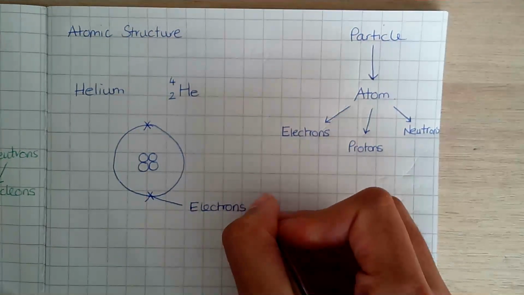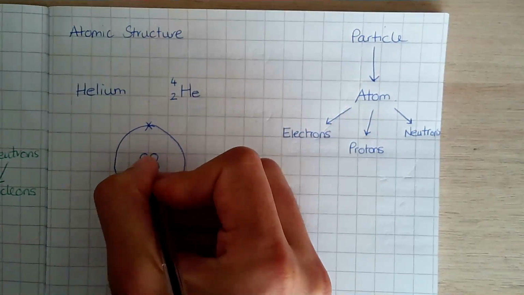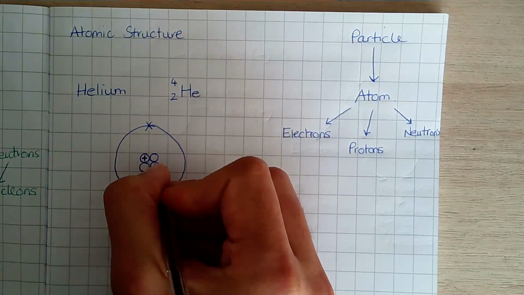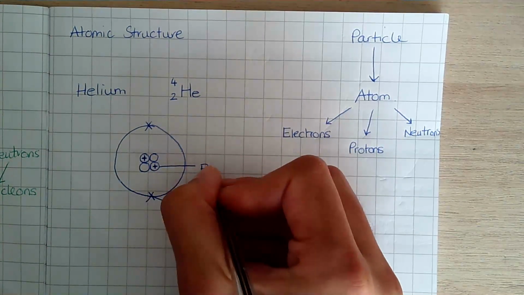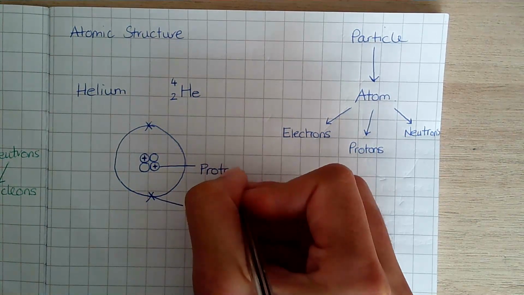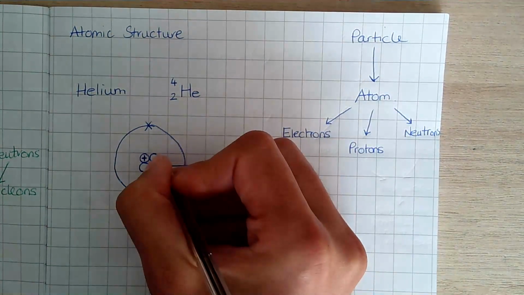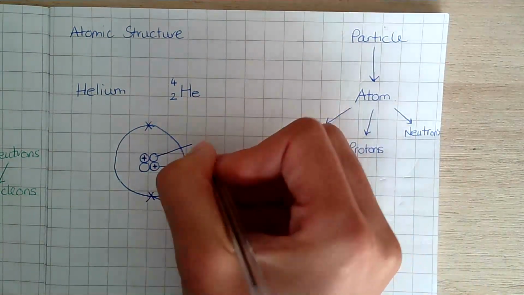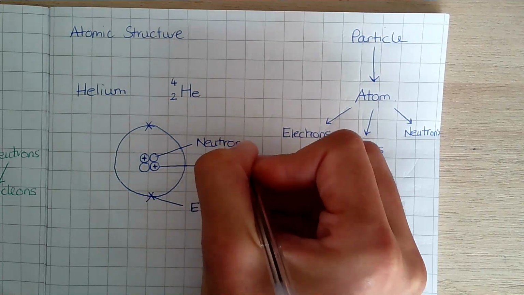The ones in an electron shell on the outside of the atom are called electrons. They are negatively charged. We are also going to have some positively charged subatomic particles. They are called protons. And we are going to have some neutrons.